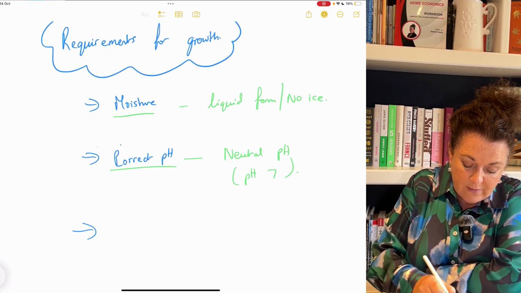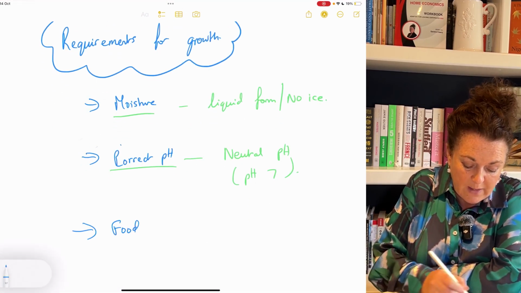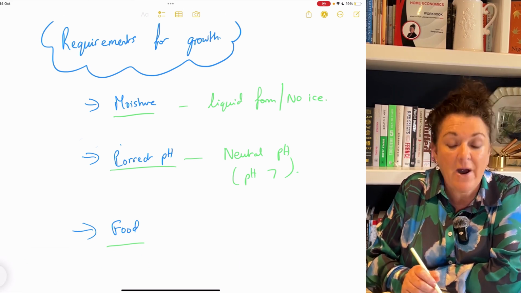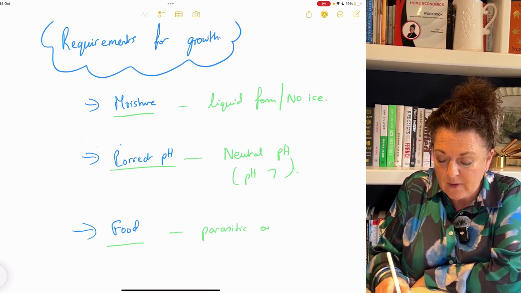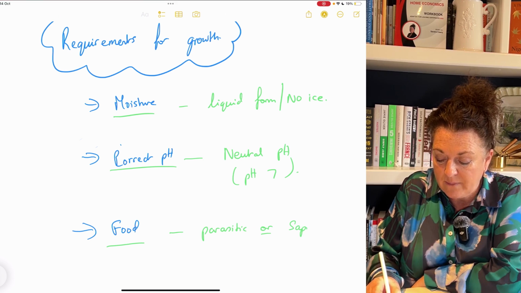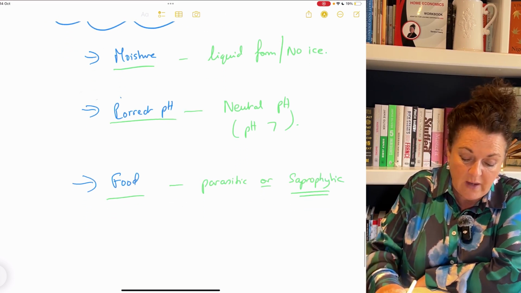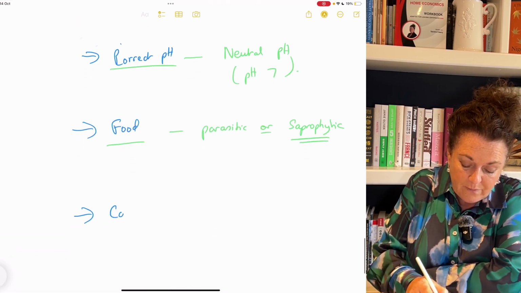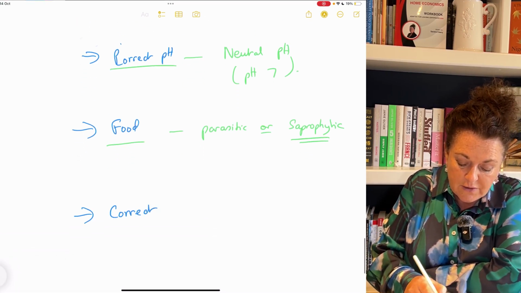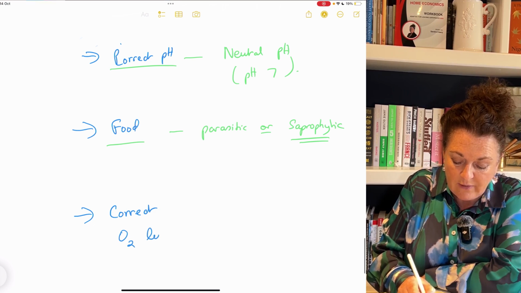Then we need food. They happen to be parasitic or saprophytic. We're focusing on being saprophytic. Fourthly, we need correct oxygen level.